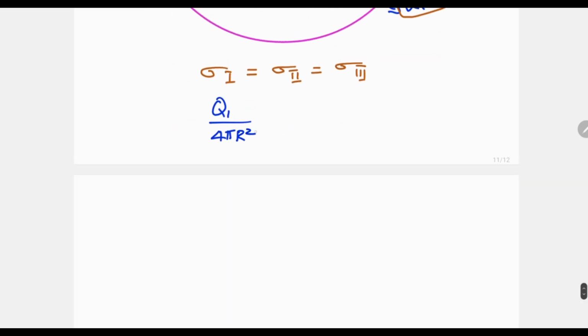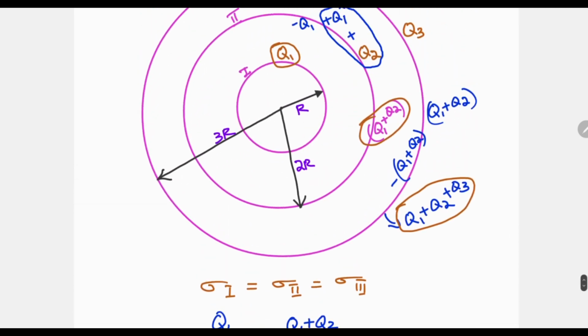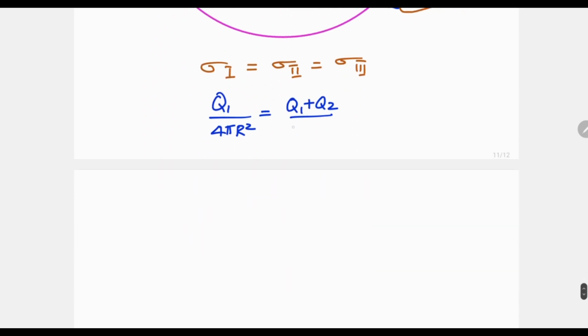This is equal to Q1 plus Q2, because on the surface of the second sphere, the total charge effect is Q1 plus Q2, divided by 4 pi into 2R the whole squared. Which is equal to the third sphere's charge density, Q1 plus Q2 plus Q3 divided by 4 pi into 3R the whole squared.